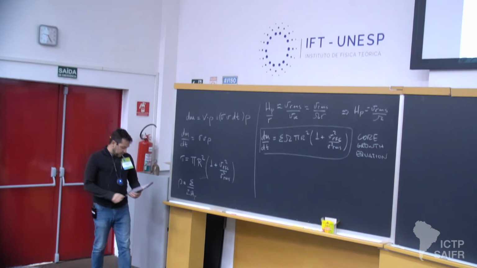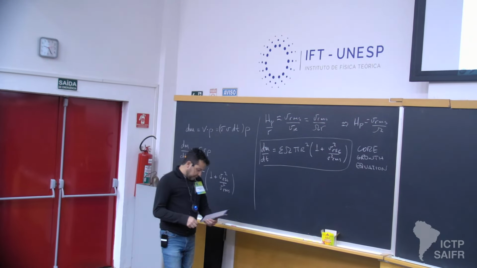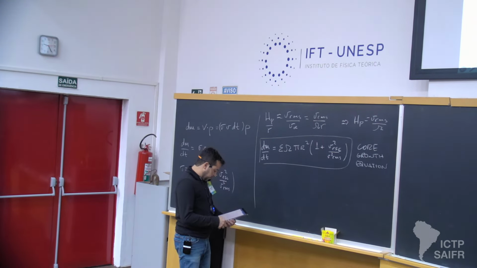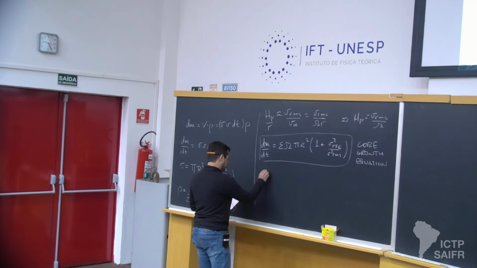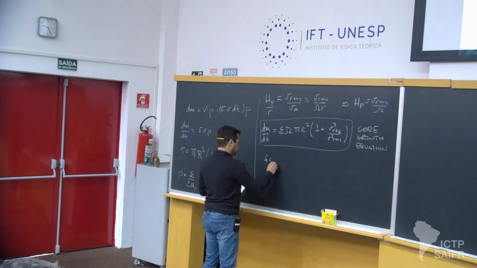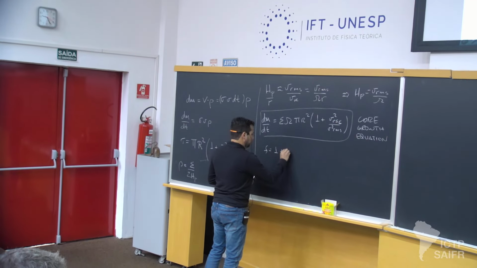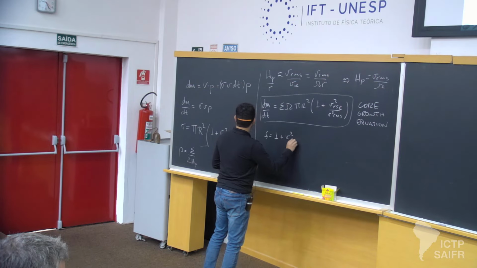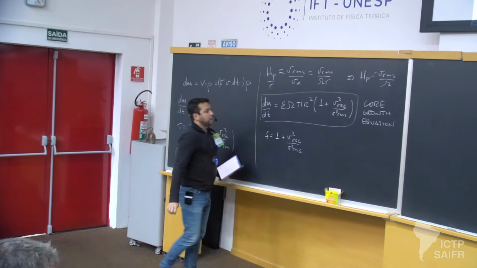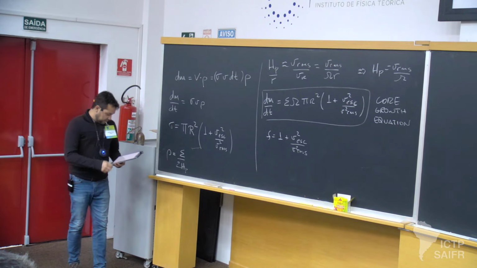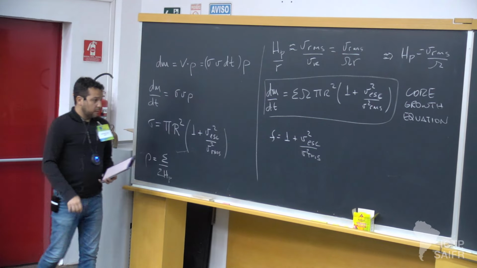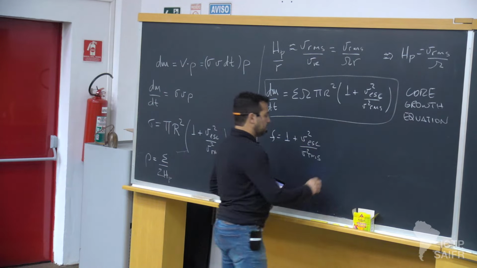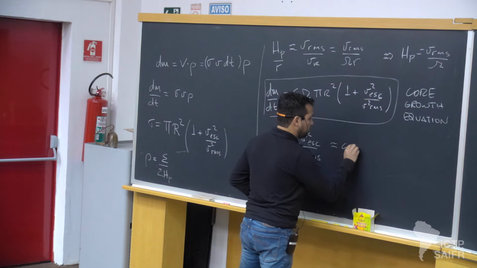So we can simplify this. Let's call this quantity here F. And we can solve this for a simple model. Let's assume that this is going to be constant.